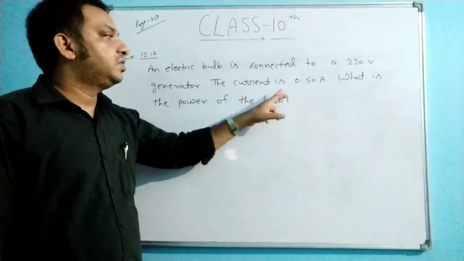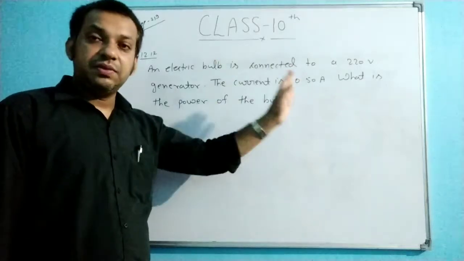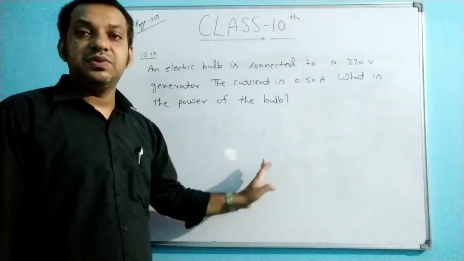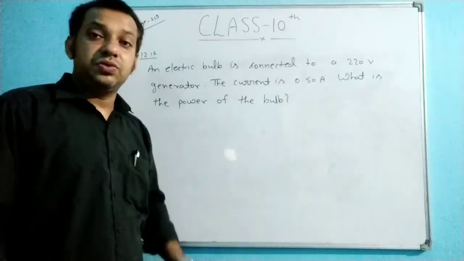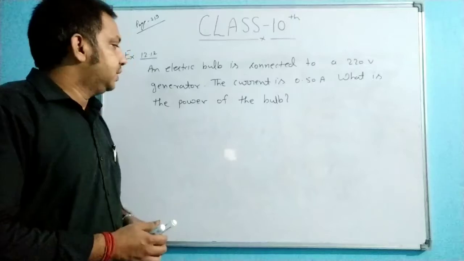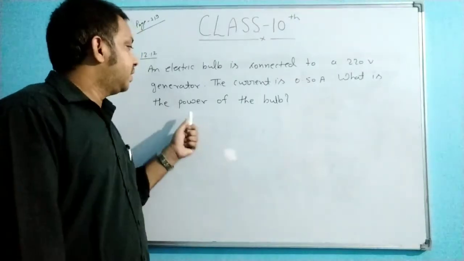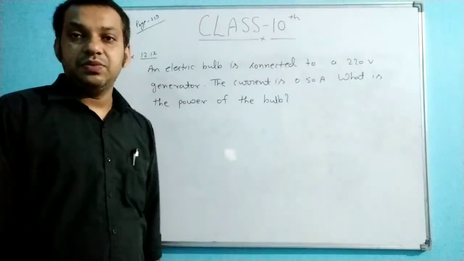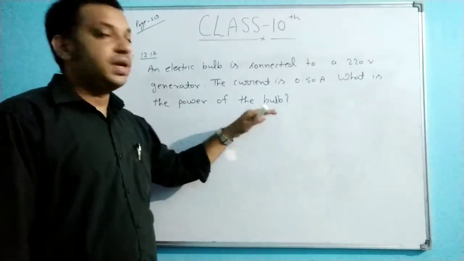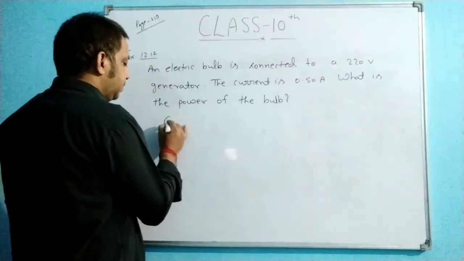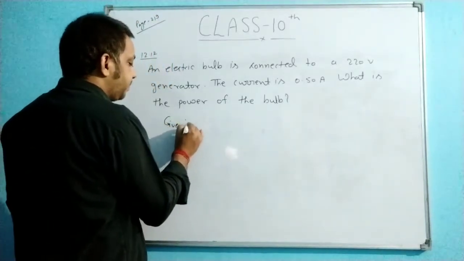And the current is 0.50 ampere. So whatever the amount of current flowing through the bulb is 0.50. That means the value of the current flowing through the bulb is given. We have to find the power developed across the bulb. So just note down the given parameters.